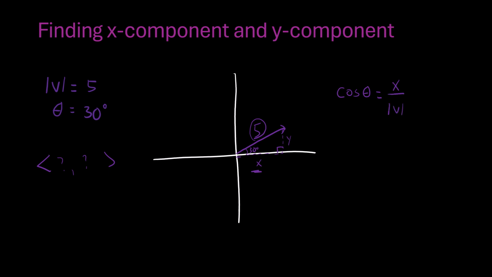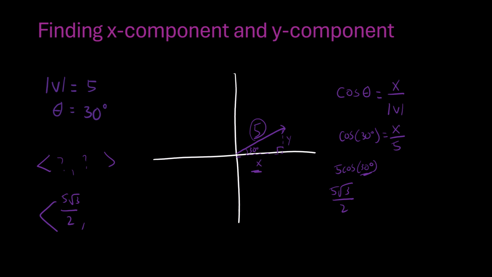In this case, cosine 30 degrees is equal to x, which is what we're looking for, over 5. So you just do 5 cosine 30 degrees. Cosine of 30 is root 3 over 2, so 5 root 3 over 2. Again, if this isn't 30, you would have to put it in the calculator, but in this case I used a special right triangle. So that's our x value.